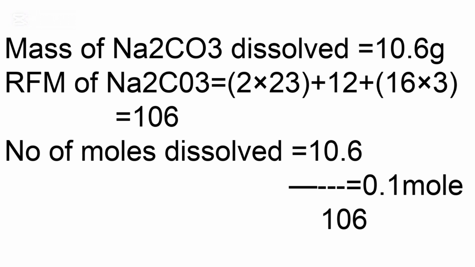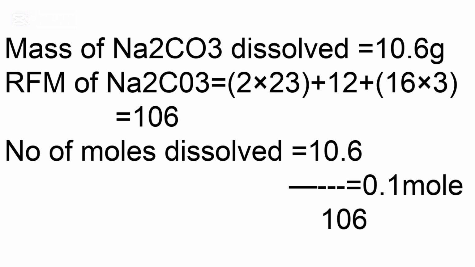We shall take the mass of sodium carbonate dissolved, which is 10.6 grams. The relative formula mass of sodium carbonate will be 2 atoms of sodium, each with an RAM of 23, plus carbon, it's only 1 atom with an RAM of 12, plus oxygen, RAM of 16 multiplied by 3 atoms.